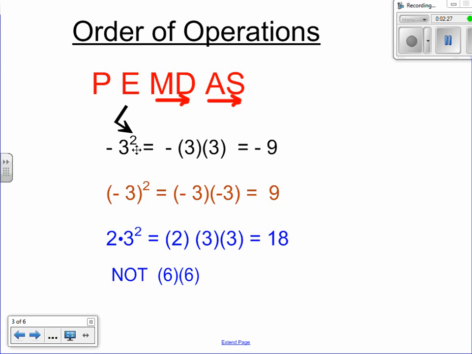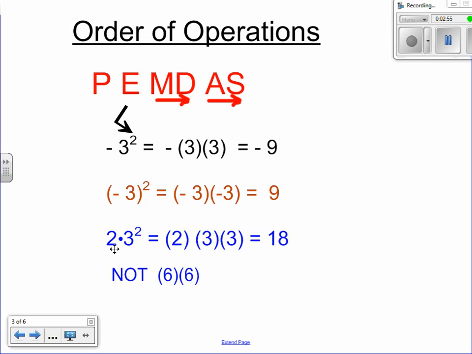So negative 3 squared is 3 times 3, so therefore it is negative 9. If you have parentheses around the negative, then the negative gets squared too. Then it's negative 3 times itself, negative 3, or positive 9, because negative times negative is positive.